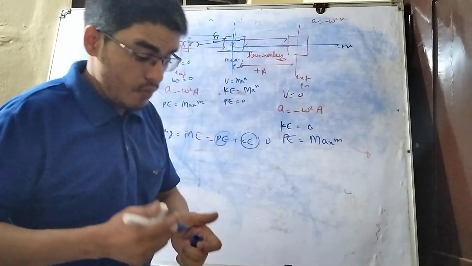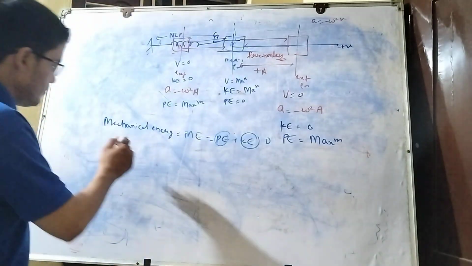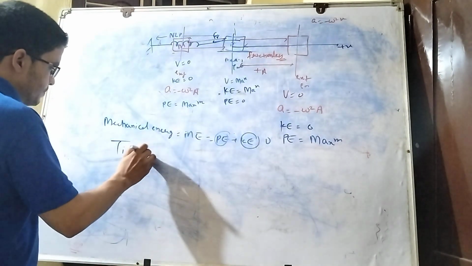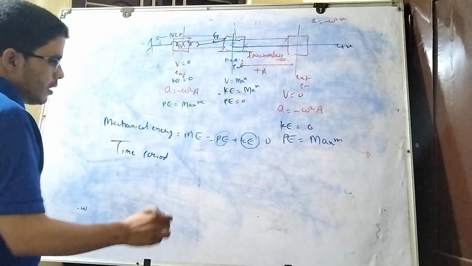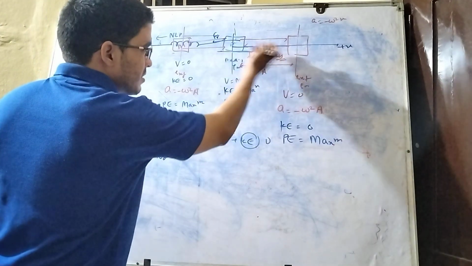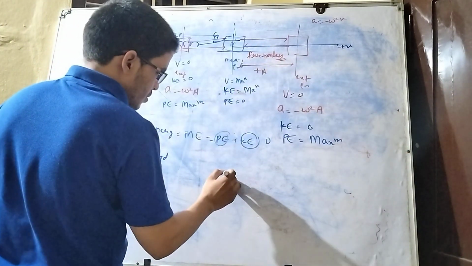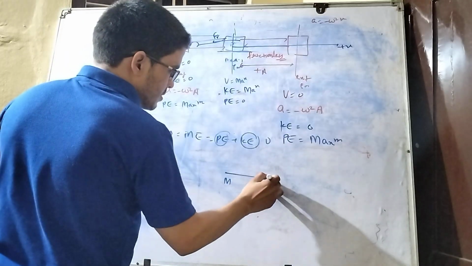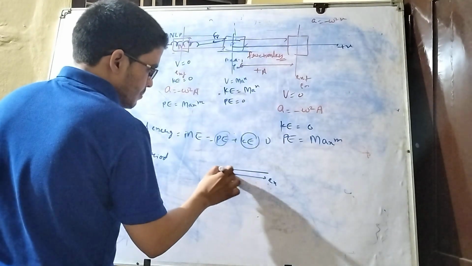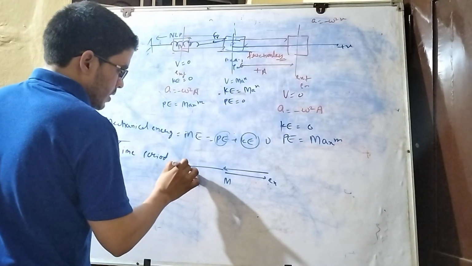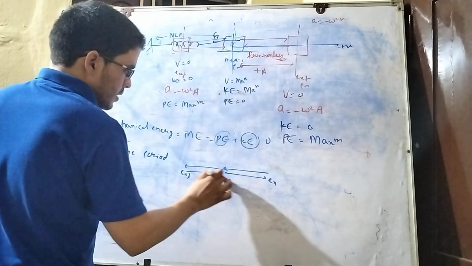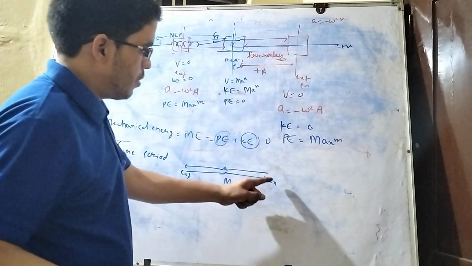And one thing, what is time period? I am writing here what is time period. See, I have written too many things here. That is the mean, that is the extreme, next further that is the mean, and further here one extreme, and further it is the mean. That is called one time period.